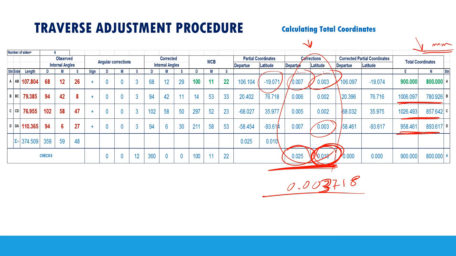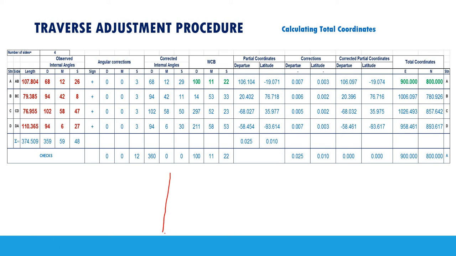So by doing that, guys, we completed the calculations of the traverse, and now if you have been asked, for example, to draw this traverse, it would be very easy because you have done all of the required corrections. You can just draw a coordinate system, easting and northing, and then you have 4 points with their values.